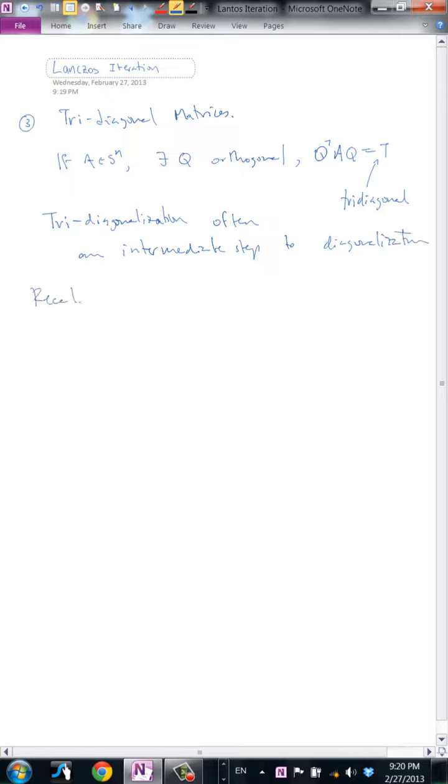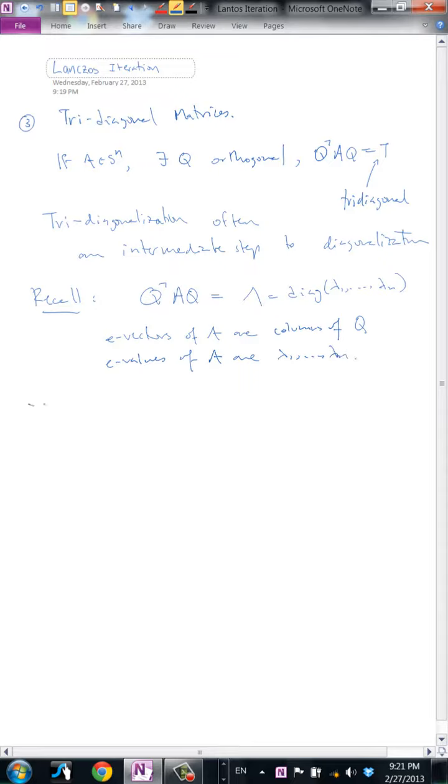And recall that if Q transpose AQ is equal to a diagonal matrix, then we've basically found its eigenvectors and its eigenvalues, because eigenvectors of A are just the columns of Q, and eigenvalues of A are lambda 1 to lambda n. So let me make a star here and say that this is extremely important.